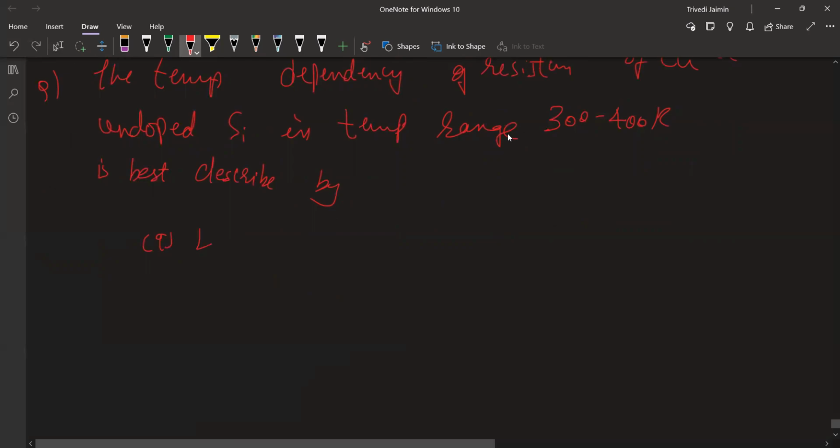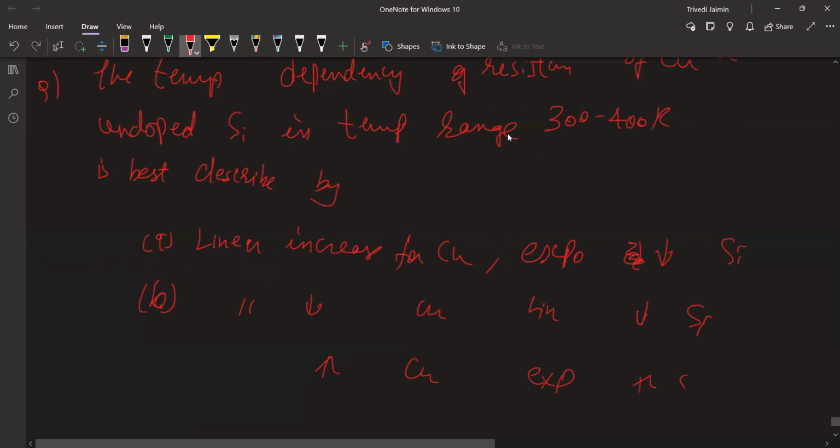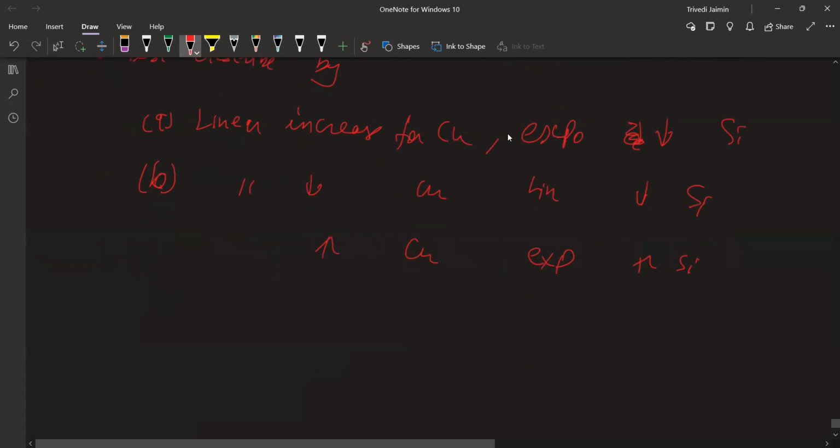Options are: linear increase for Cu, exponential decrease for Si; linear decrease for Cu, linear decrease for Si; linear increase for Cu and exponential increase for Si; and the fourth one, both linear.